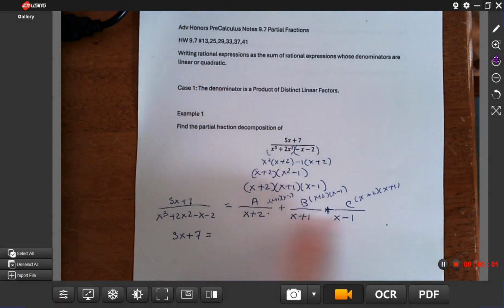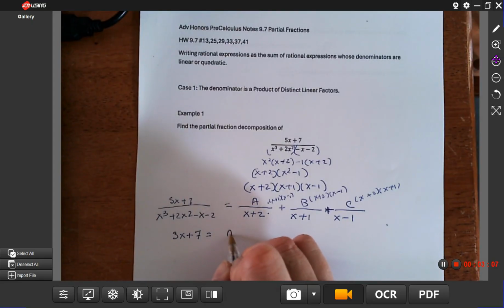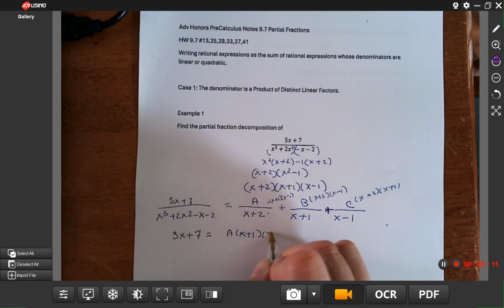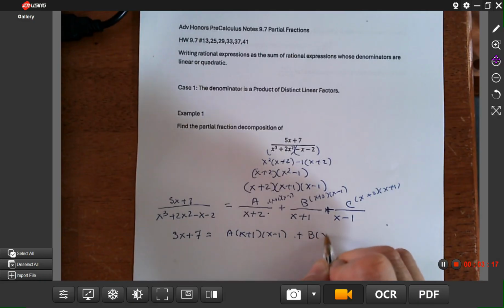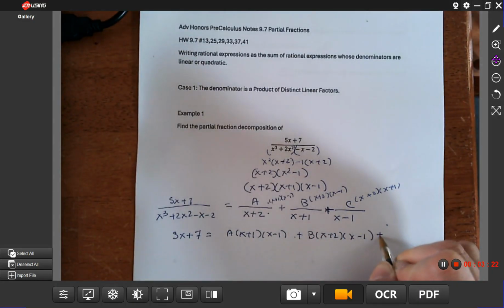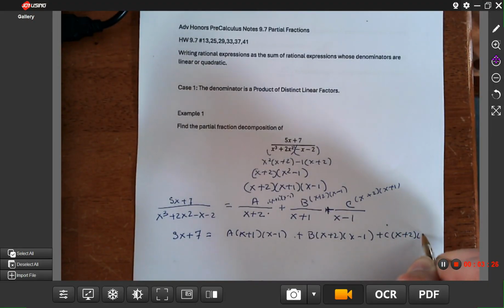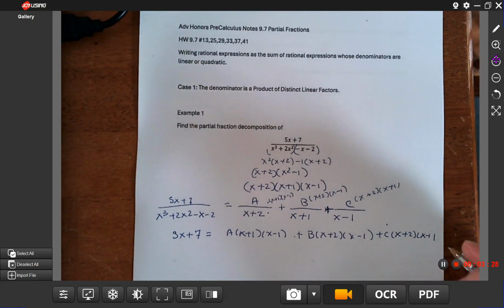That's how you would get the common denominator. So the numerator would be equal to a times x plus 1 times x minus 1 plus b times x plus 2 times x minus 1 plus c times x plus 2 times x plus 1.